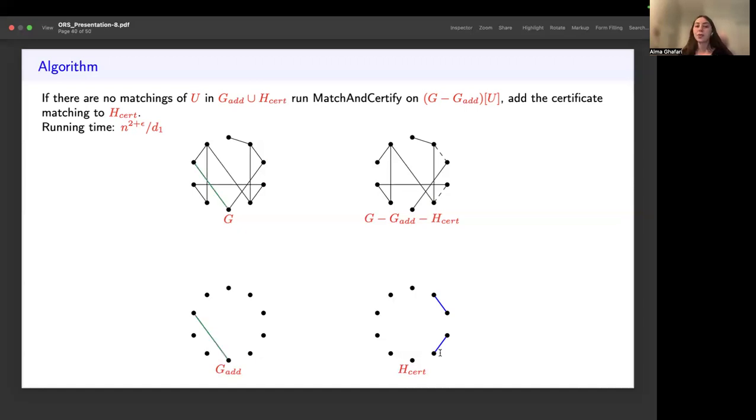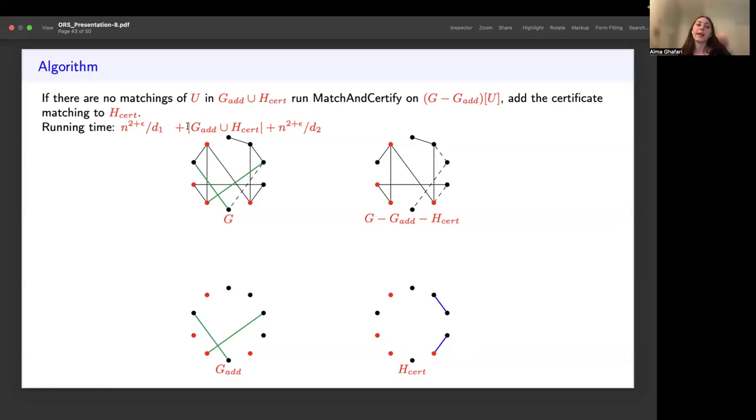Then our graph goes through, let's say, epsilon n insertions and deletions, and we are given some other subset. Let's say this subset U is the red vertices. Now again, we have to go through all the inserted edges and the certificate matching, and if we find a matching there, we add it.